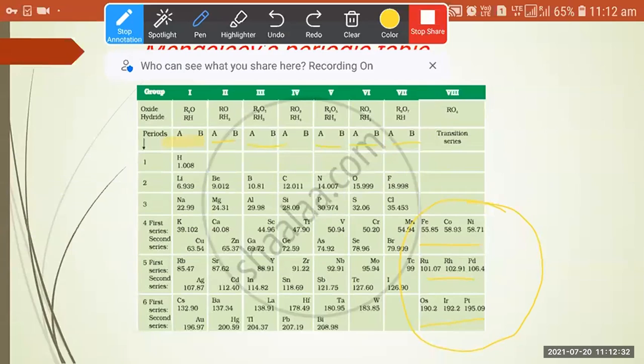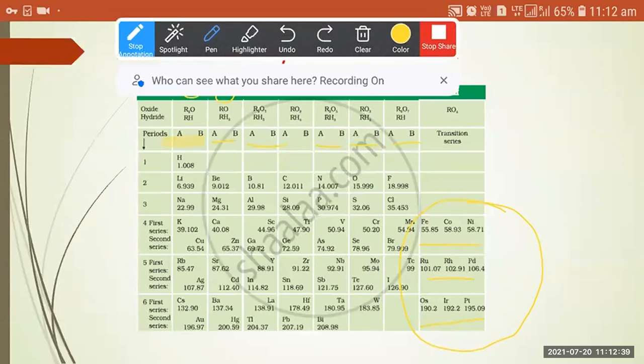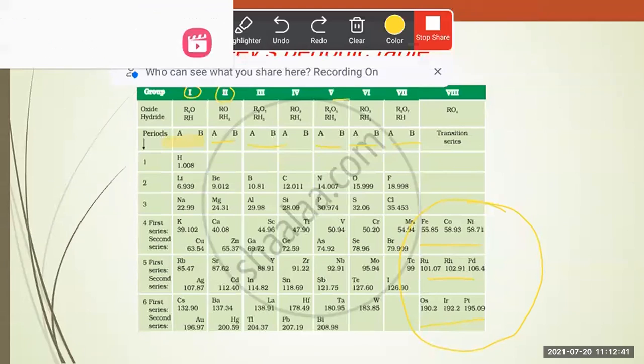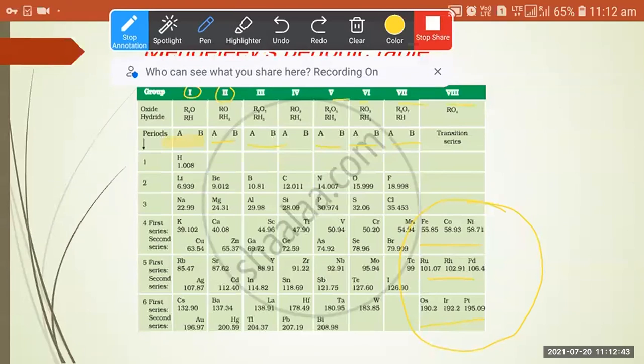So here we have the 8 groups: 1, 2, 3, 4, 5, 6, 7, and 8. Each group is divided into two subgroups, A and B, till 7. Here you can see A, B, and again here you have A, B subgroups.